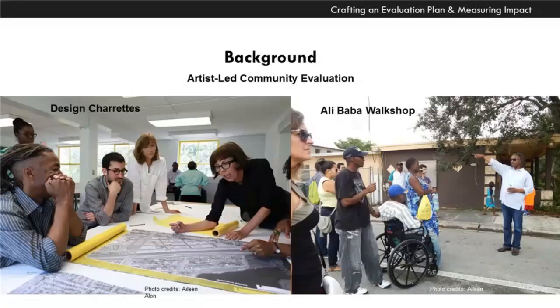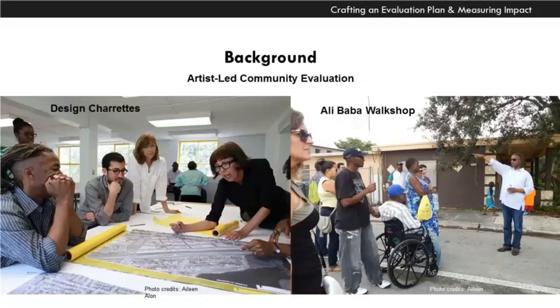And so together we worked with community stakeholders, elected officials, businesses, residents, students, other nonprofit partners, as well as for-profit partners to do artist-led community evaluation. This was, going back to Lynn's slides, kind of the developmental evaluation process.